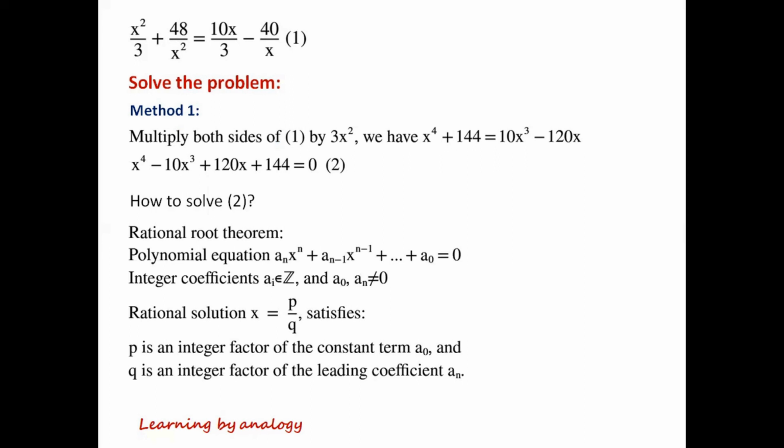The rational root theorem states: a polynomial equation a_n x to the power of n plus a_(n-1) x to the power of n minus 1 plus so on plus a_0 equals 0, where the coefficients a_i are in the set of integers, and a_0 and a_n are not equal to 0.